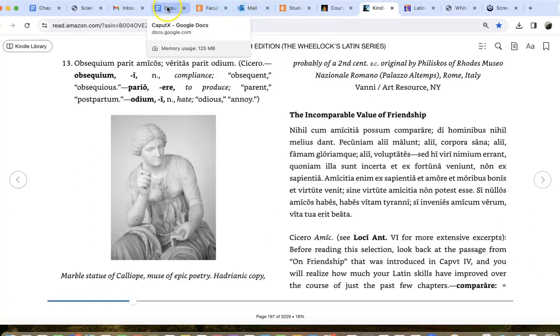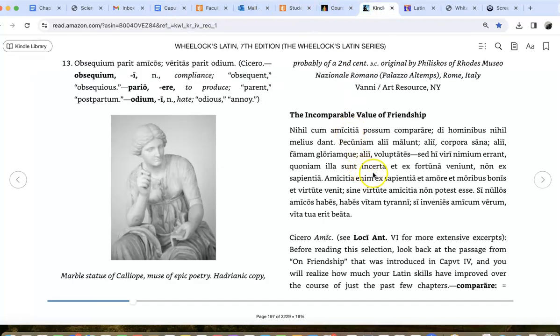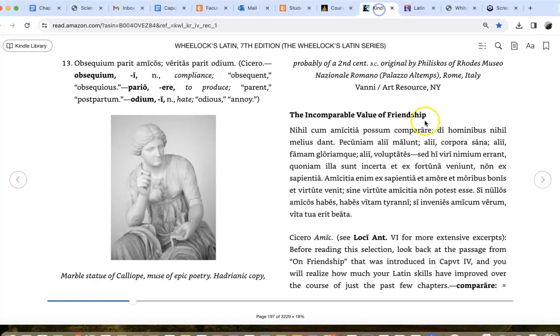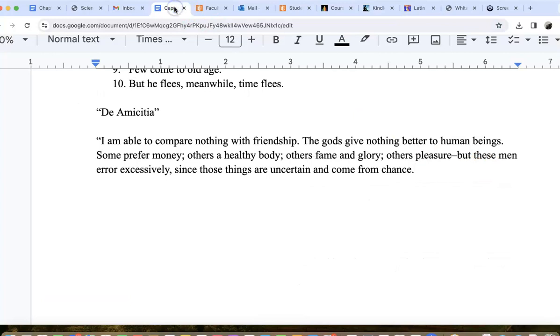Since those things are uncertain, and come from chance, literally from fortune, fortuna. I keep wanting to put end punctuation, but it keeps going here. And not from wisdom.